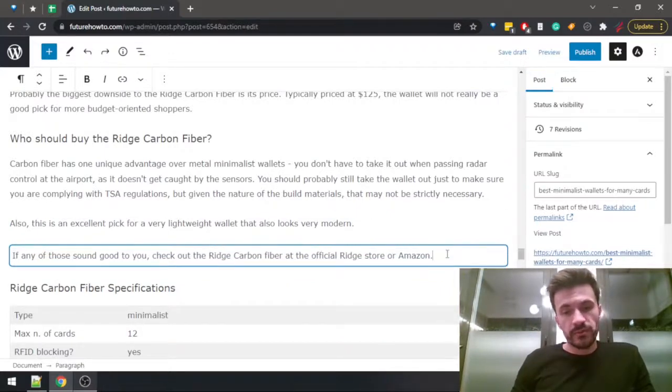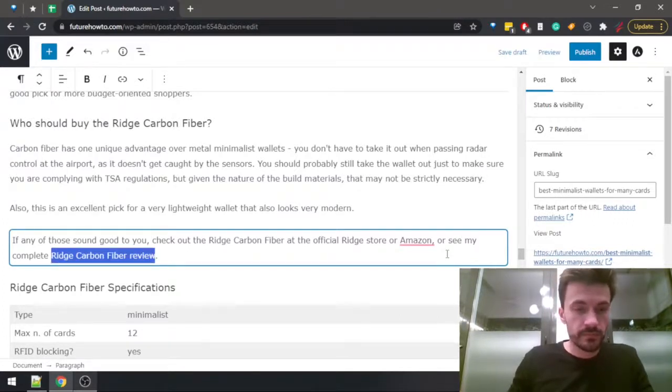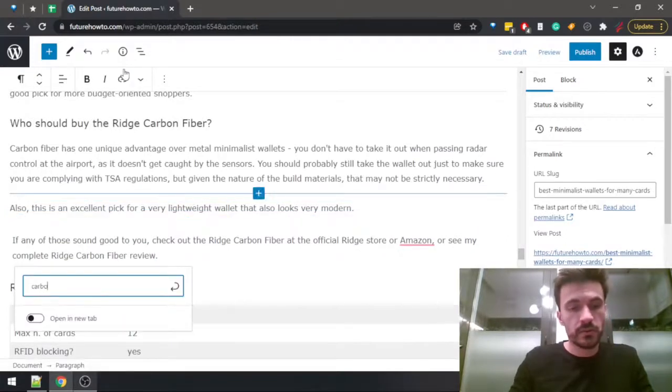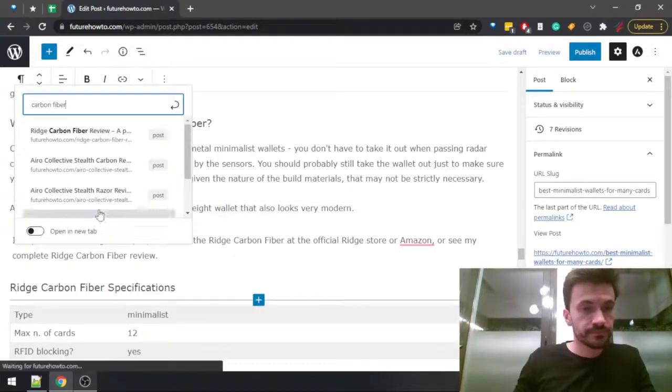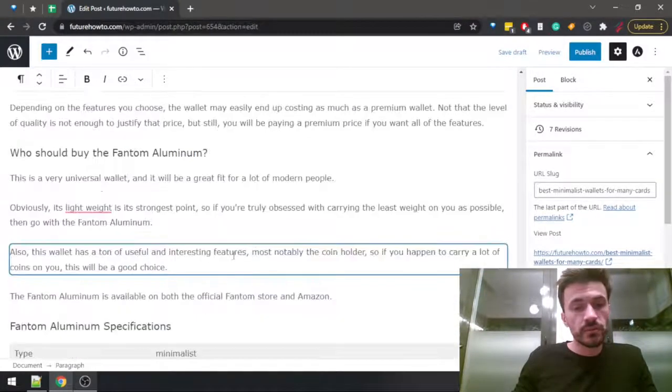Check out the Ridge carbon fiber at the official Ridge store or Amazon, or see my complete Ridge carbon fiber review. Copper. Okay, Phantom aluminum.